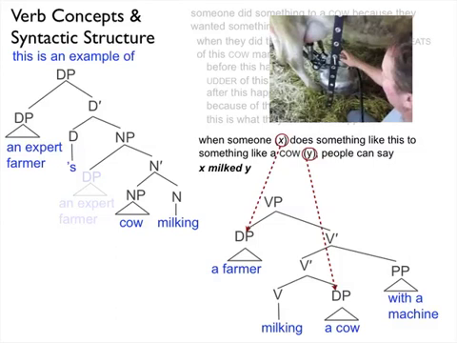Here we're showing that if you're going to do it with the agent being expressed pre-nominally, then you have to make it into a whole DP, and that's the structure that we have. We have to put in the DP part of the whole thing in order to make it work.